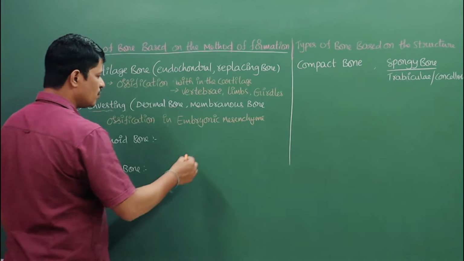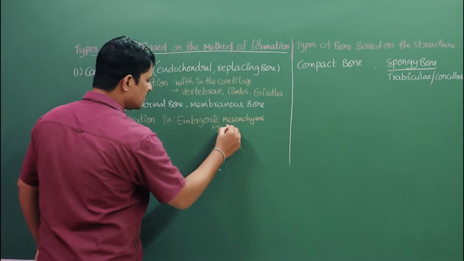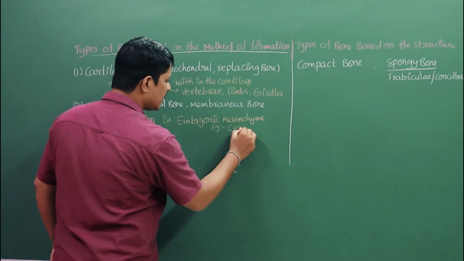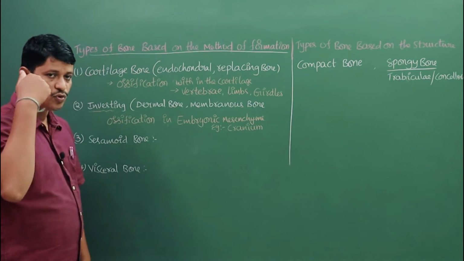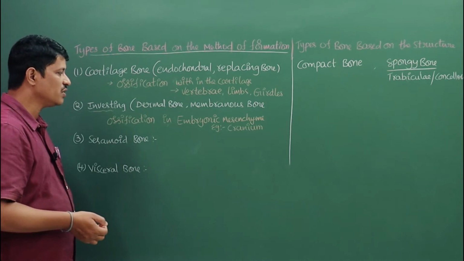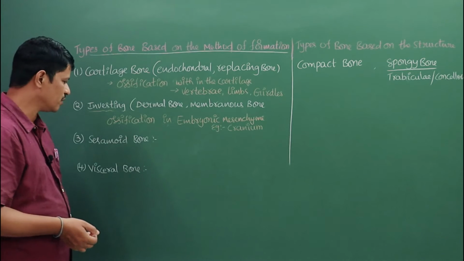Examples of investing bones are all the bones located on the cranium. The skull bones are examples of investing bones, which are the dermal bones or the membranous bones.